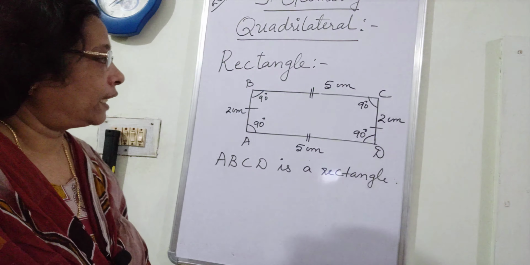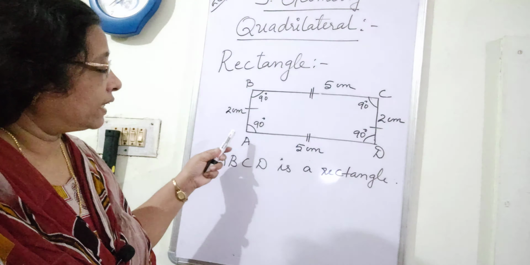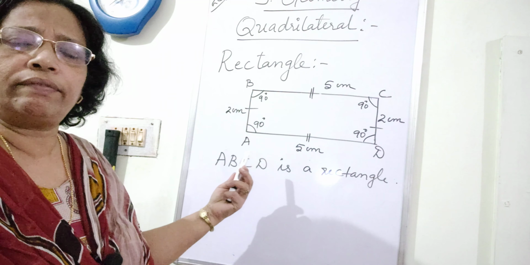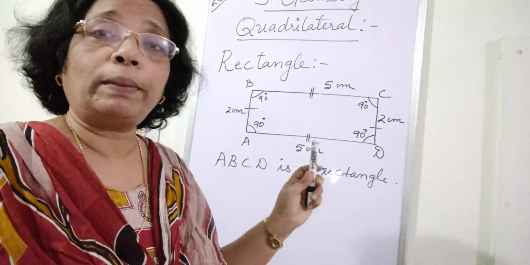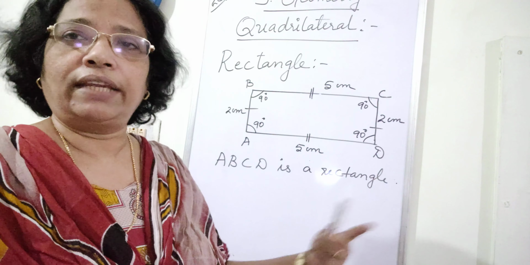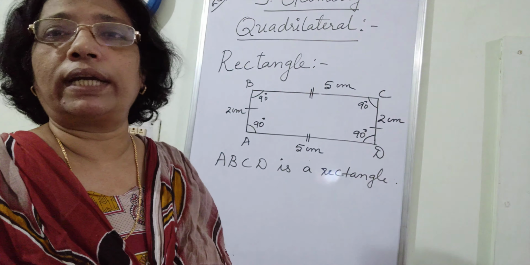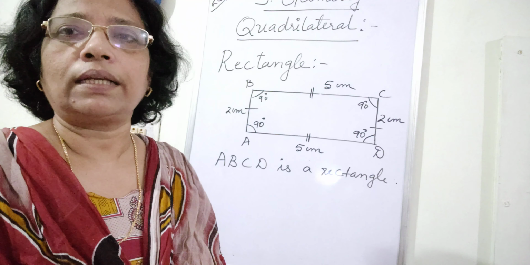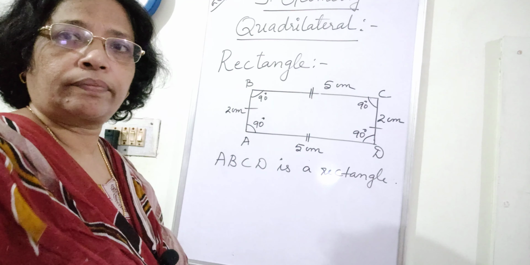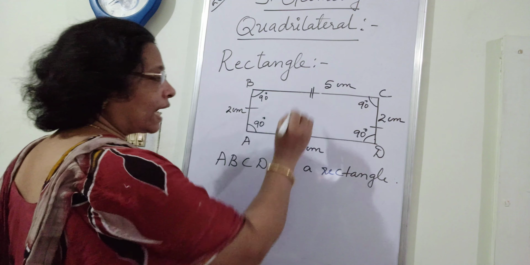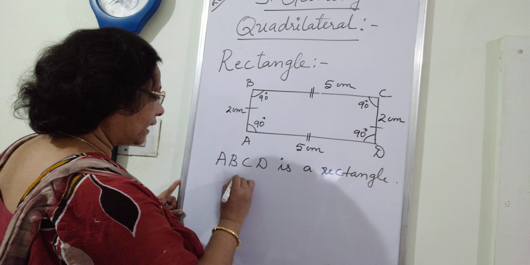Understood, all of you? And they have 4 vertices A, B, C, D. Any name you can give: P, Q, R, S. But it should be in order, not in any way, clockwise or anti-clockwise. It should go in order. Got it, all of you? What is the specialty in this? You can see opposite sides are equal. So what can we write?